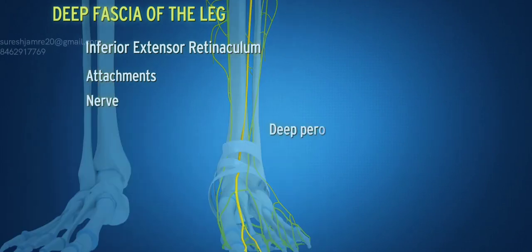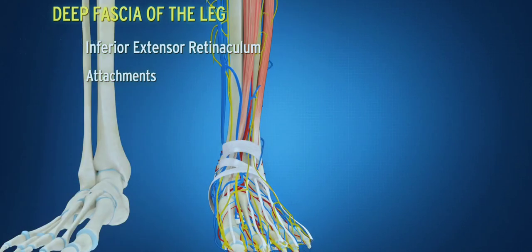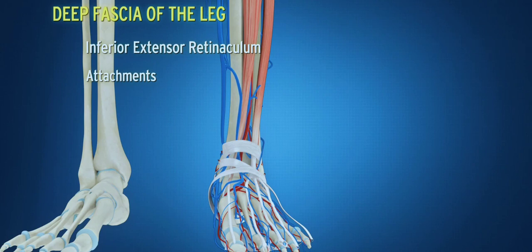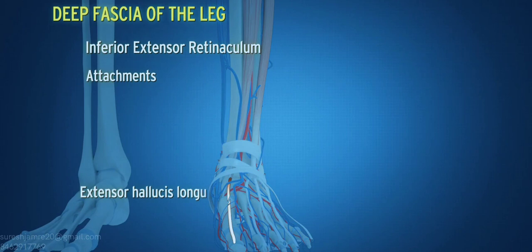Nerve, deep peroneal nerve or anterior tibial nerve. Anterior tibial artery lies medial to the deep peroneal nerve. Both the artery and nerve lie between the tendons of the extensor hallucis longus and the extensor digitorum longus.